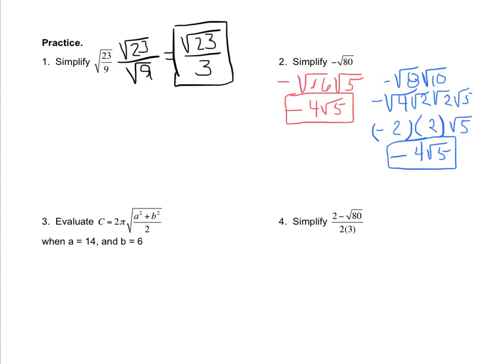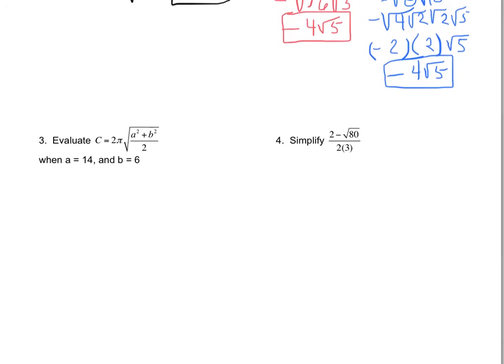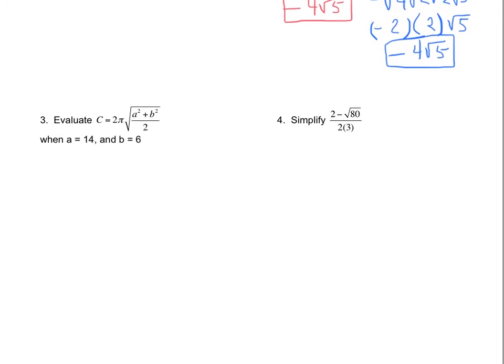On our practice number 3, here we have a formula that we're going to be plugging in and trying to figure it all out and see what these numbers look like. Looks kind of complicated. We're going to see how this goes. So the very first thing we're going to do is C. We don't have anything that goes with C. We're going to come to the other side, and we have 2 pi. We're going to leave pi just the way it is for now.